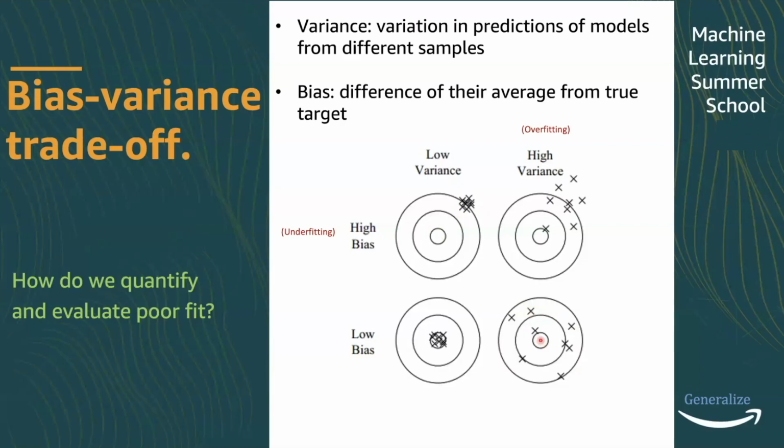Now, overfitting and underfitting are really just cases where you have high variance and high bias.